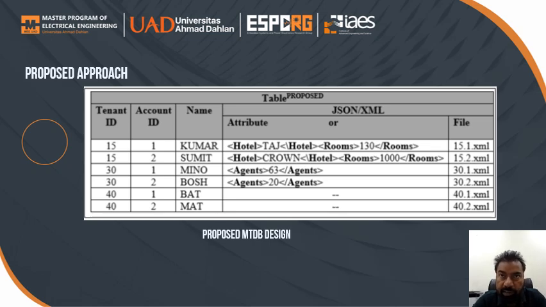Now, in the proposed approach, instead of using this extension table approach, in which there is always a vertical growth, we propose that we can combine multiple attributes and store them in the form of a JSON or XML file.